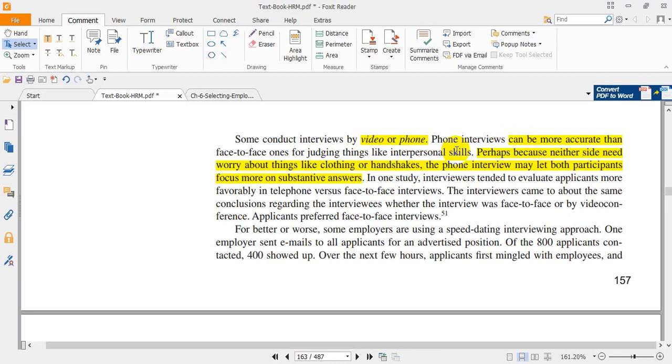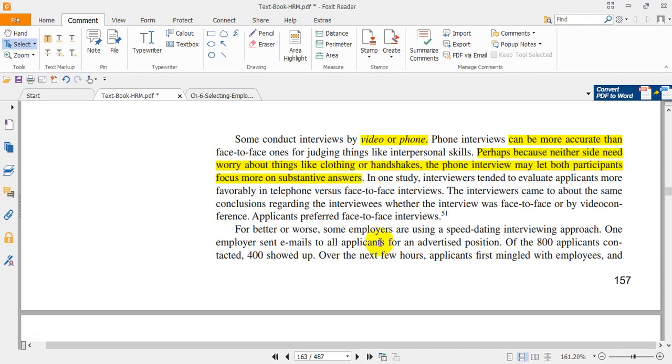Why video or phone can be more accurate than face-to-face? Because neither side needs to worry about things like clothing or handshakes. The phone interview may let both participants focus more on substantive answers.